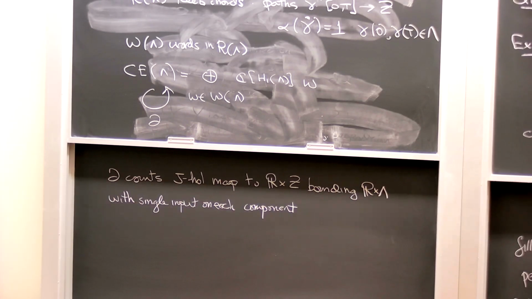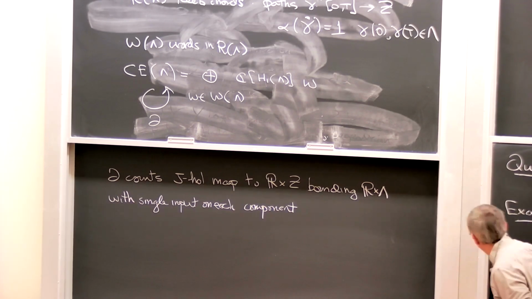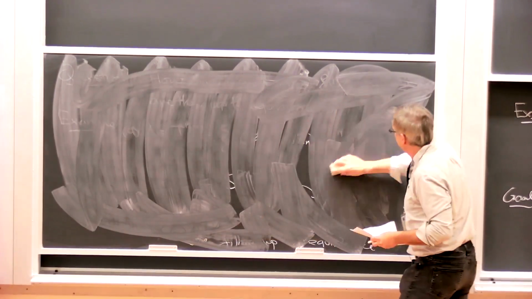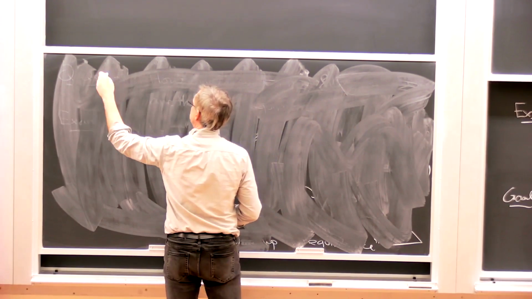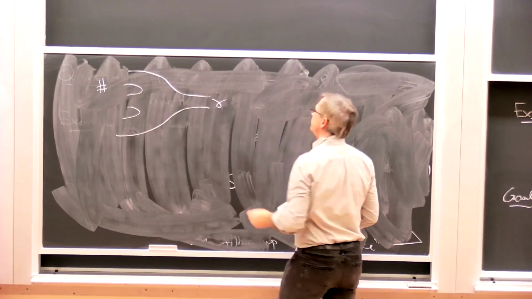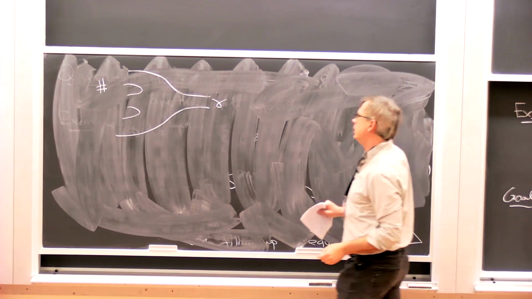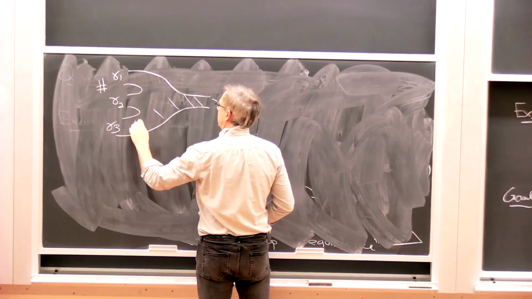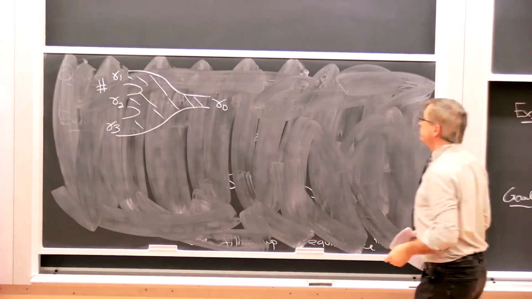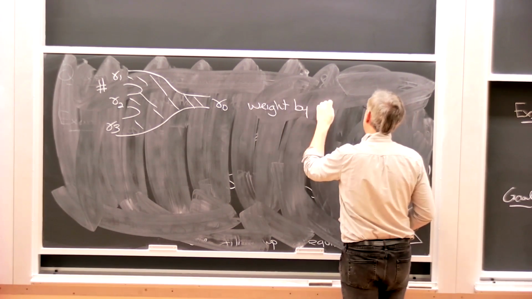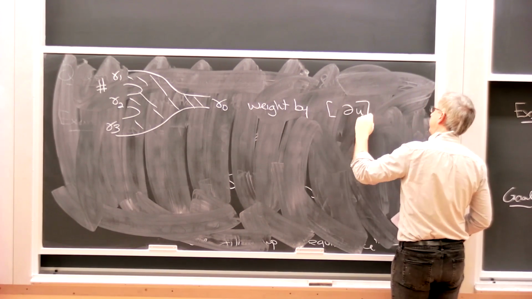So the picture looks like this. If I want to know what happens to any particular Reeb chord gamma, then I look at the number of holomorphic curves in R times Z, and I try and weight this by the boundary of the holomorphic map.